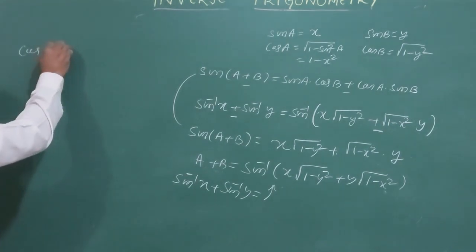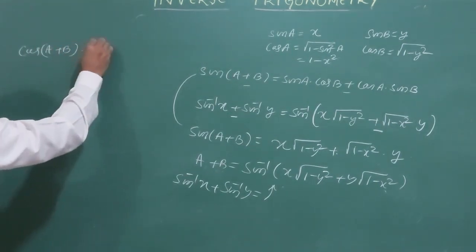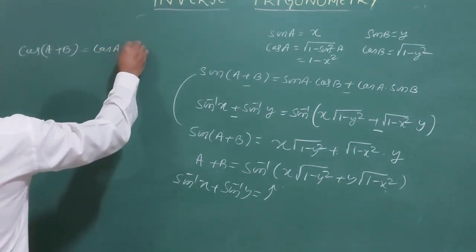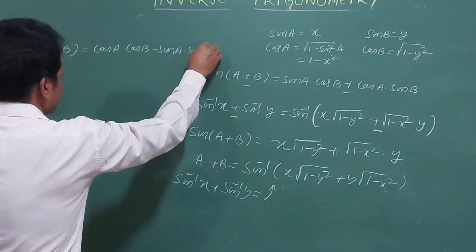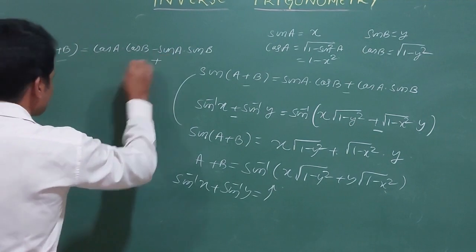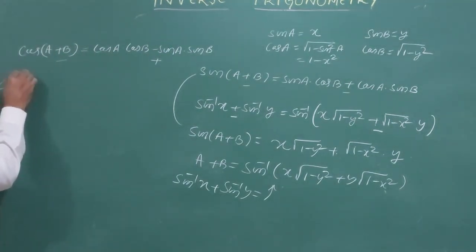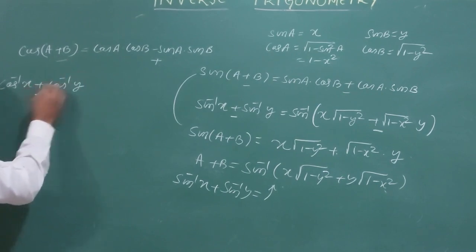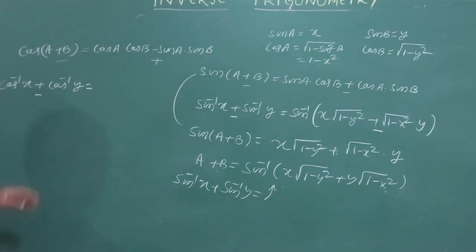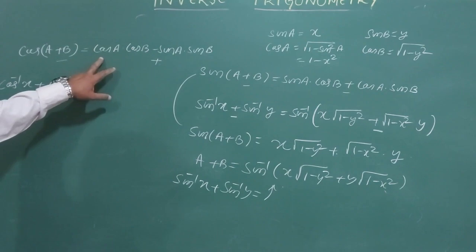Cos A plus B formula: cos A cos B minus sin A sin B. If it is minus, this becomes plus. So for cos inverse x plus cos inverse y, I will assume cos A is equal to x. They are both cos, and both sin.